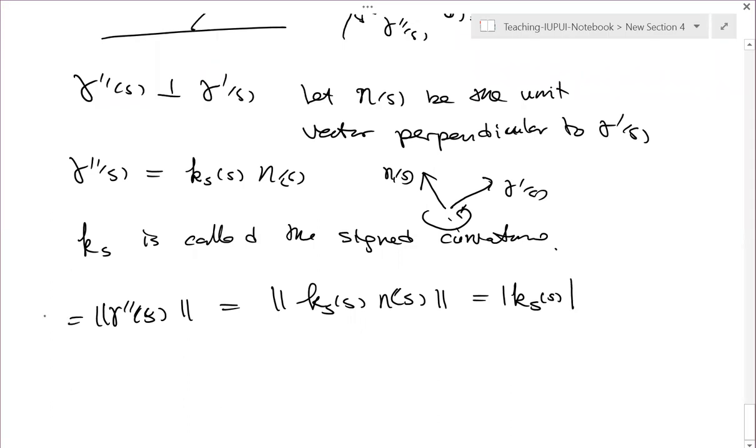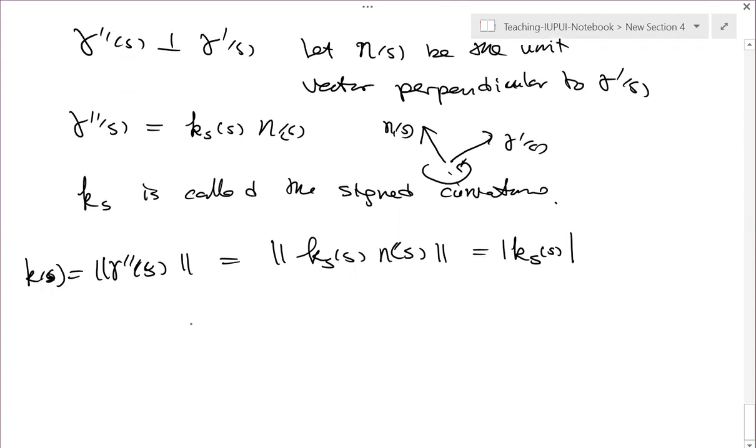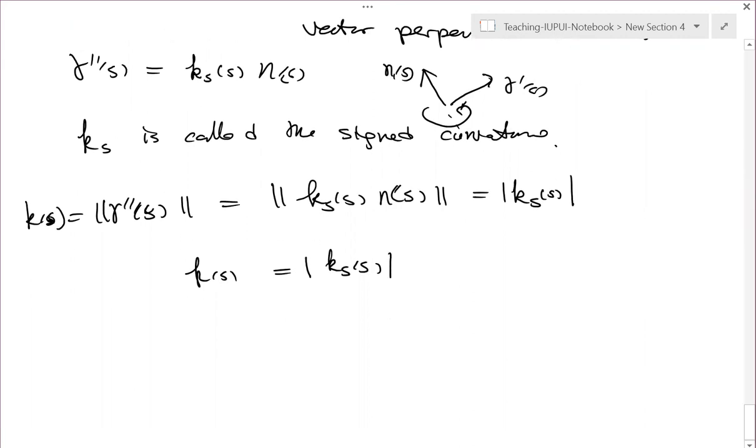So this is the curvature. The relationship between curvature and signed curvature is just this one. The signed curvature could be negative, but the curvature is always positive or zero. All right, so this is what we have.